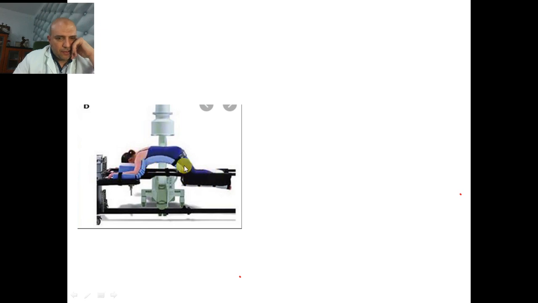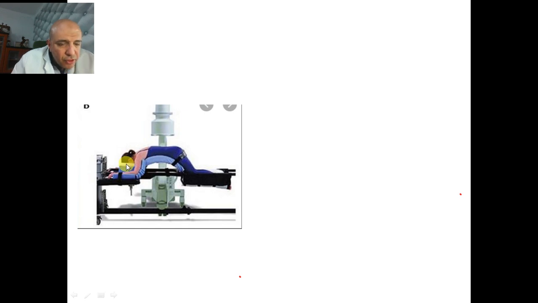The patient is prone in his position like this. His abdomen should be free and all bony elements should be padded. Be careful about the head.